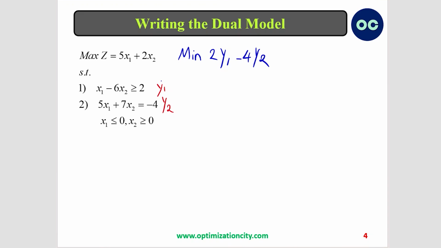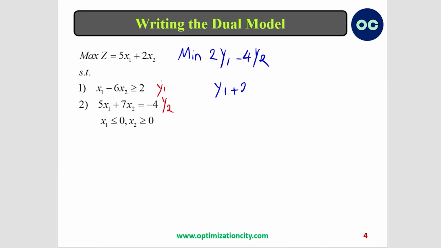The first constraint in the dual model. The coefficient of x1 in the first constraint, which is 1, becomes the coefficient of y1 in the first constraint of the dual model. So we have y1. And the coefficient of x1 in the second constraint of the original model becomes the coefficient of y2 in the first constraint of the dual model.